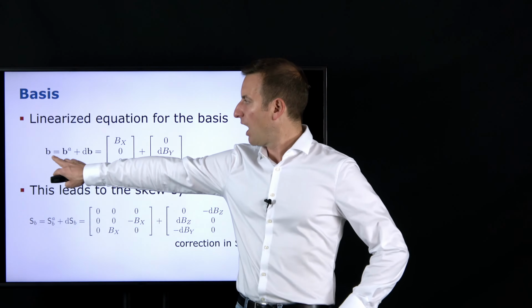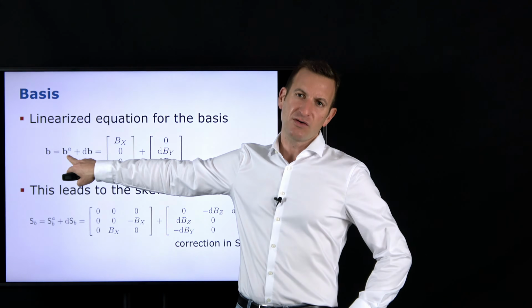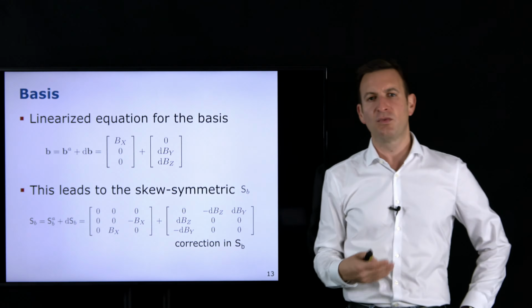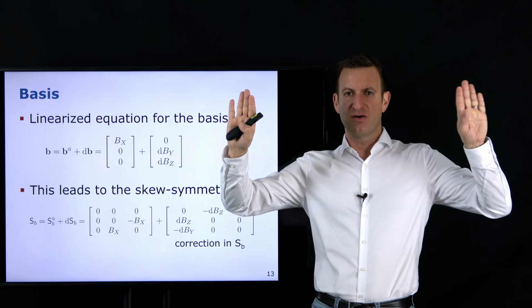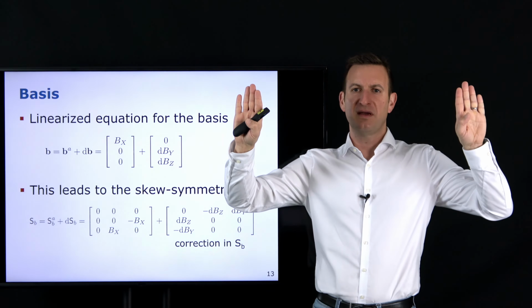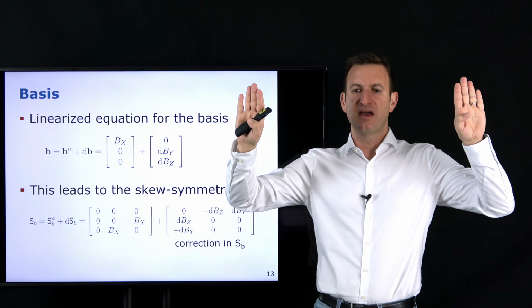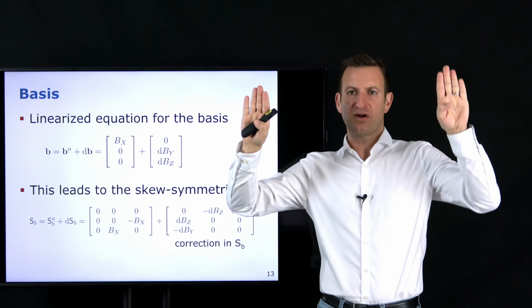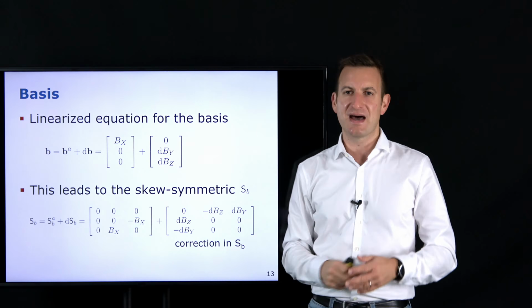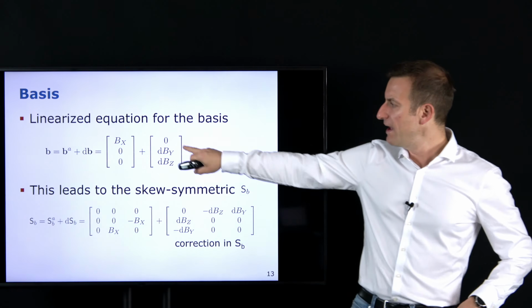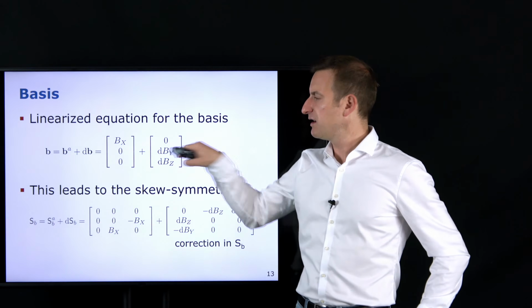Our baseline vector is the initial guess of our baseline vector plus a small change in the baseline vector. Again, I have my two cameras. I have my constant offset, and so I basically have a small change in the y and z coordinate. So I could move in this direction, or I could move in this direction. These are those small corrections I can do here. Why is there a 0 here and a 0 here?